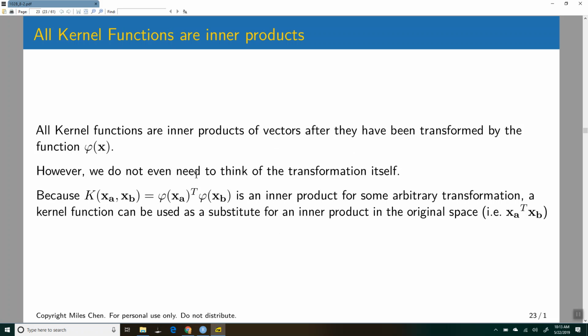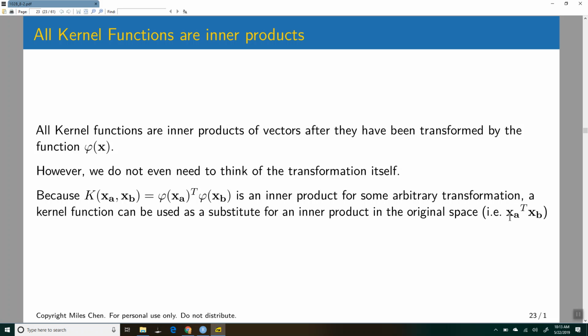Again, all kernel functions are inner products. We don't even have to think about the transformation. The kernel function is phi applied to xa transpose times phi applied to xb. A kernel can be used as a substitute for basically any inner product.